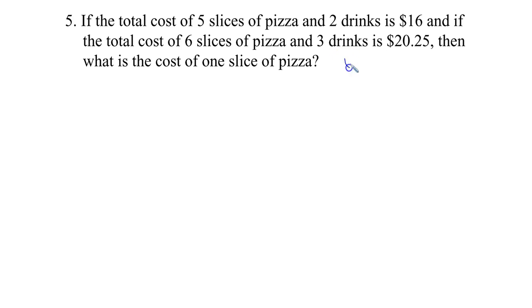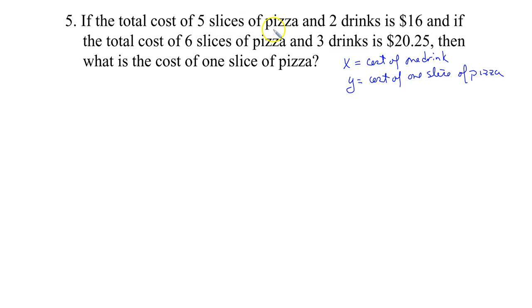So let's go through and let's let x represent the cost of 1 drink. And we're going to let y represent the cost of 1 slice of pizza. And that's going to help us out quite a bit. Okay? So we're going to take the 2 statements that we have and translate those into math.